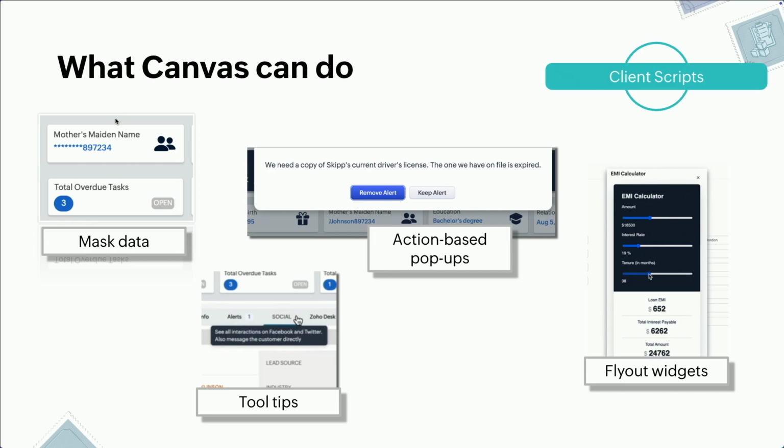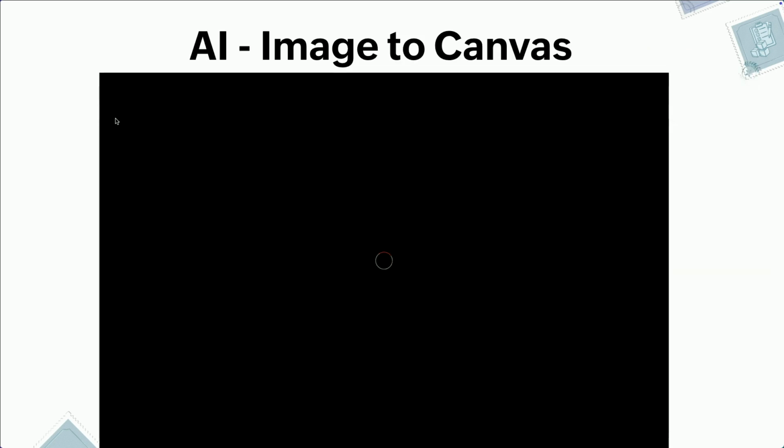So I put a lot of tooltips out there. And then flyout widgets. This is actually a window that will fly into the view that has additional data. So maybe it's coming from a third party, or it's coming from another module. It'll make more sense when we look at it.